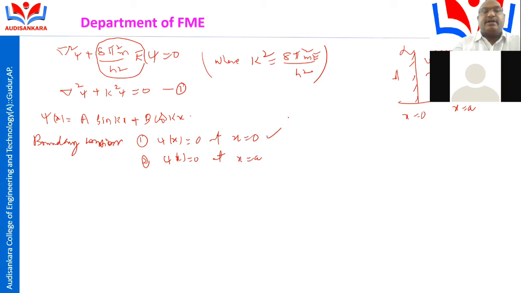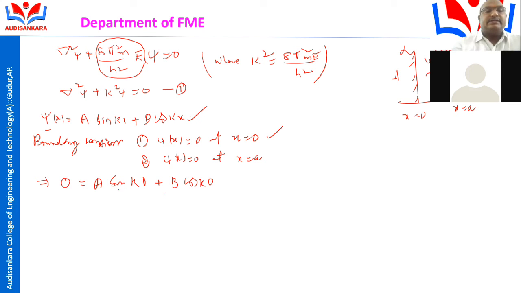Apply the first boundary condition to the above equation. Psi of x is equal to 0, substitute x is equal to 0: 0 is equal to a sin k times 0 plus b cos k times 0.